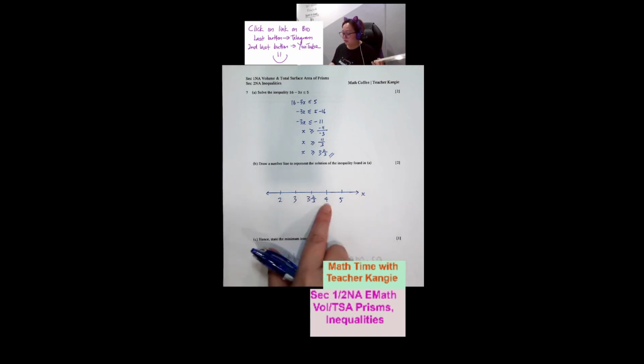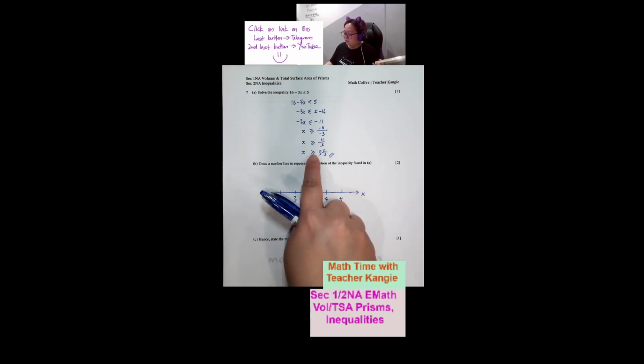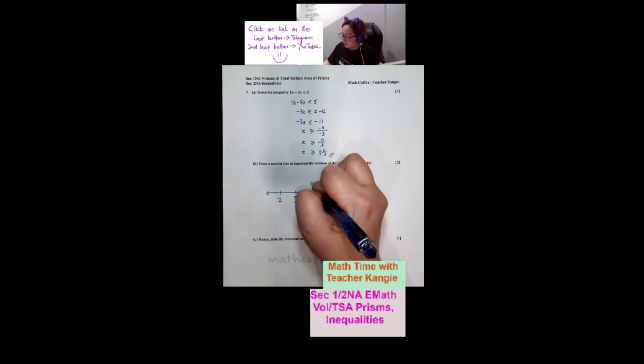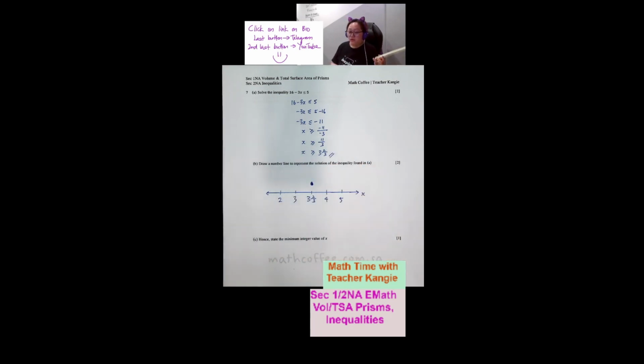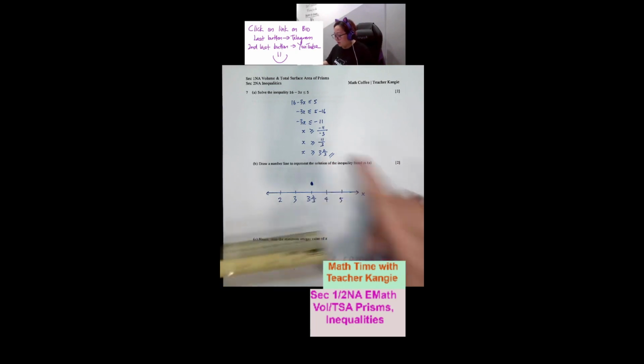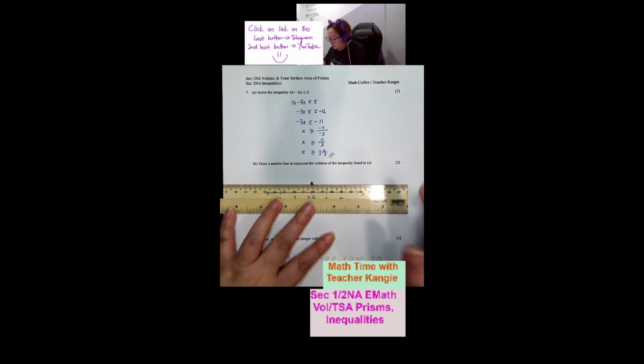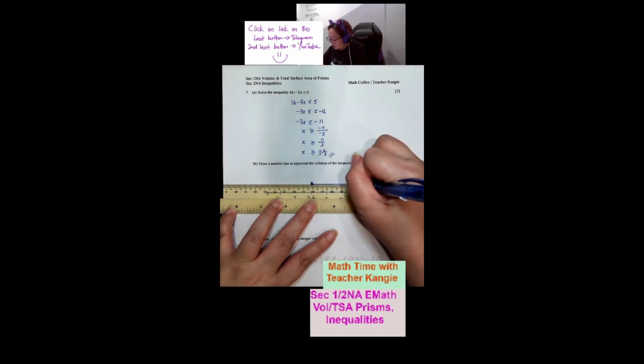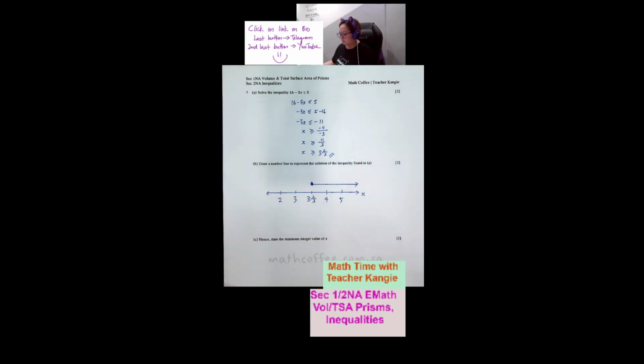We only want to see the numbers. So more than or equal to means that I'm going to circle this with a shaded circle. More than means that we're going to draw the arrow all the way to the end. And we are done. So that is the number line that represents the inequality for question 7.